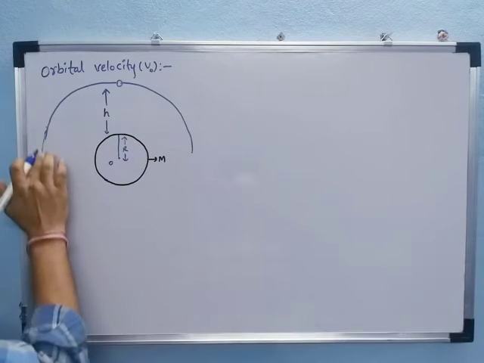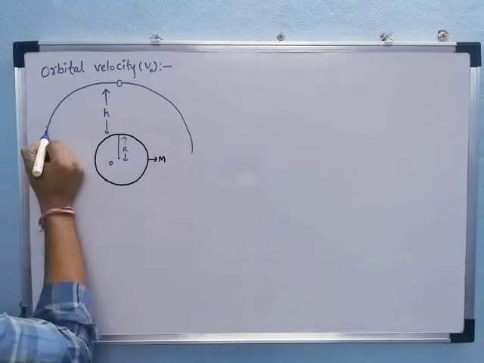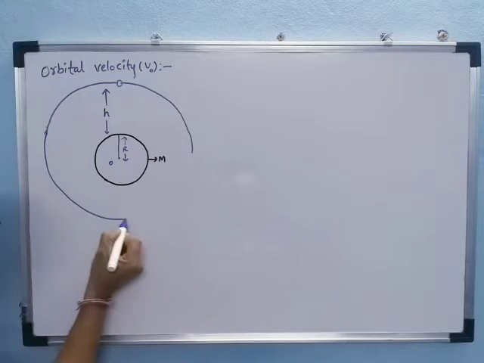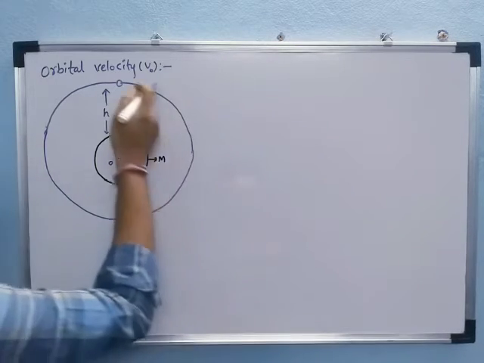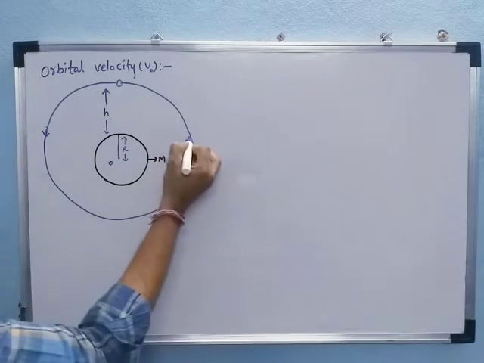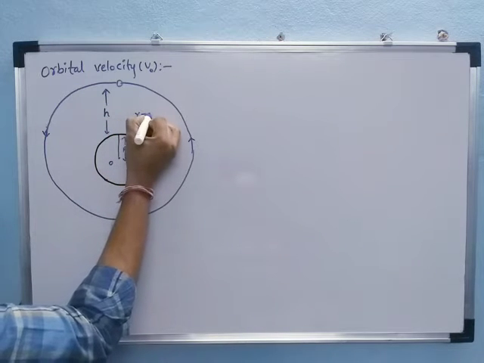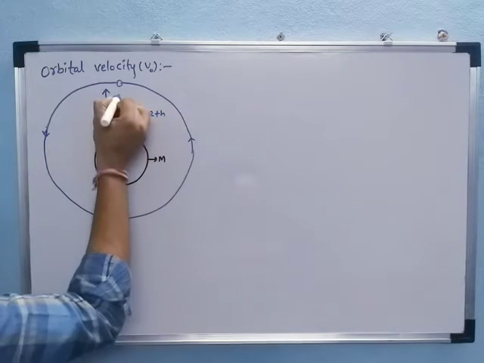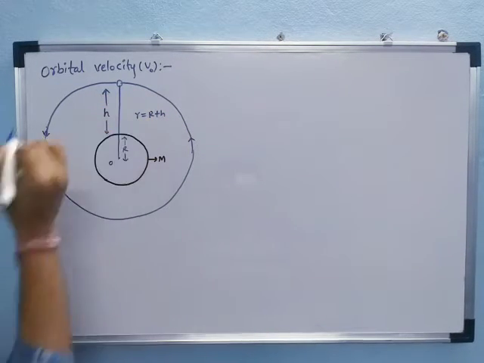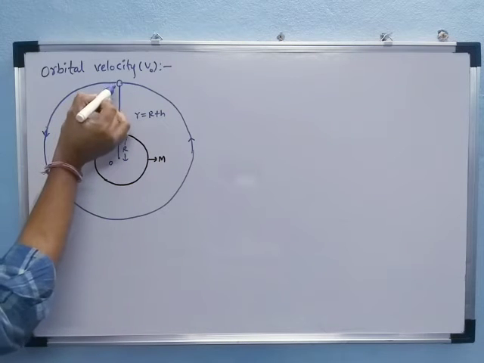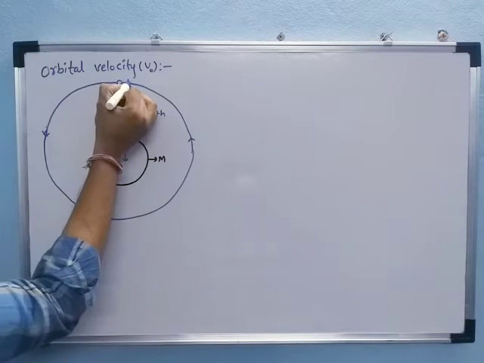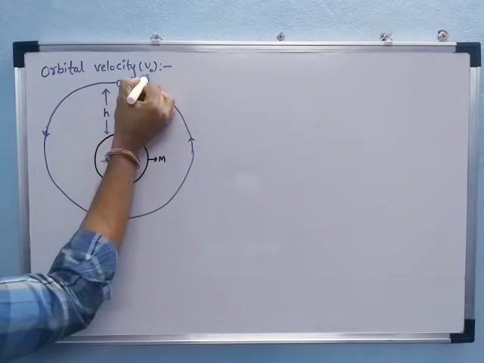This is what we are considering as a satellite, revolving around this planet. Now the total distance is r equal to capital R plus h. Here this object is the satellite.